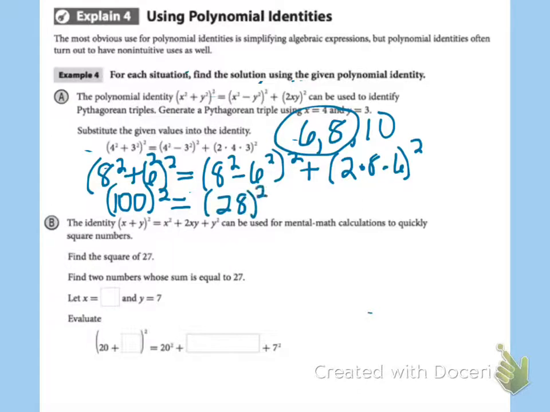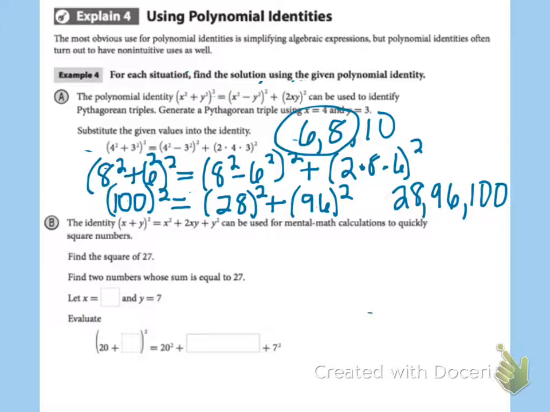And then 2 times 8 times 6 would be 2 times 48, which is 96. What that's showing is that if you had legs of 28 and 96, then the hypotenuse would be 100. A very large one, but still another Pythagorean triple. So 28, 96, and 100 would also make a right triangle, with 28 and 96 being the legs.